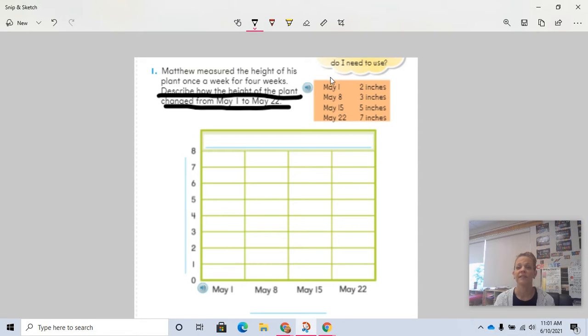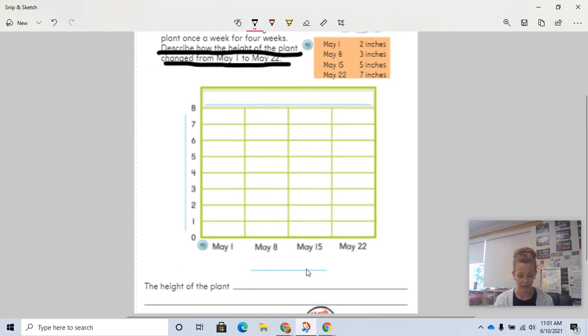We used our data from when Matthew measured the height of his plant to help us write our title, height of Matthew's plant. We labeled height in inches over here for our scale. And we labeled on this line weeks measured to represent each of these dates.